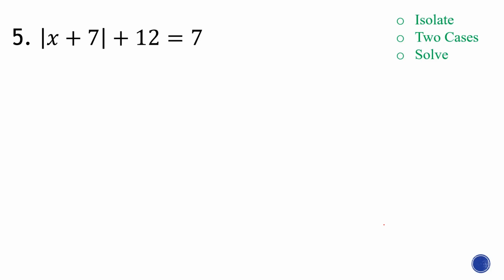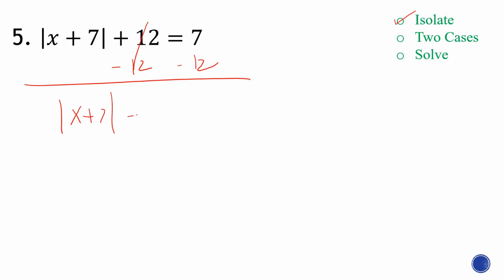Okay, here. Again, we will do the first step, which is isolation. We need to move this positive 12 or get rid of that. This will give us the absolute value of x plus 7 equals negative 5. And here, we have a negative 5 on the right side, okay?